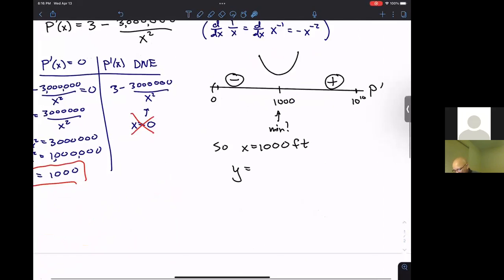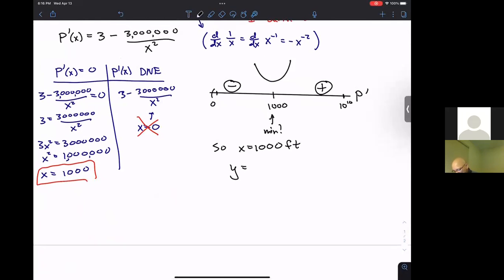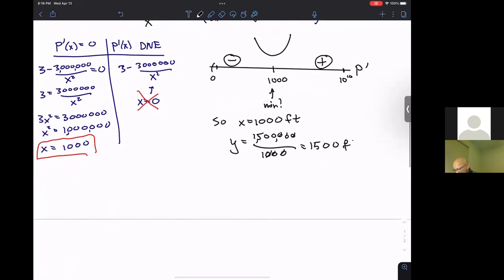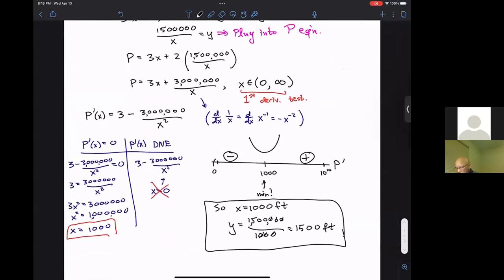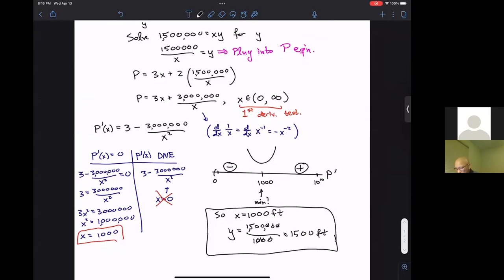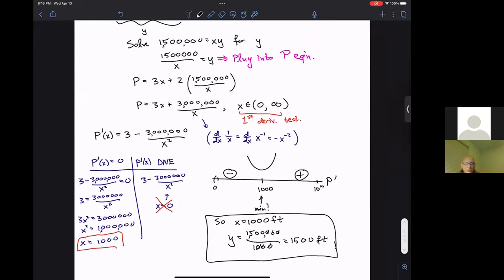So y should be 1,500,000 over 1,000. Let me be careful. Cross out 3 of the zeros each, and I'm left with 1,500 feet for y. If I take these dimensions for my fence, I will enclose 1.5 million square feet and also minimize the amount of fence I need to use.